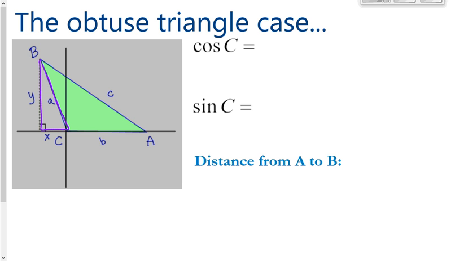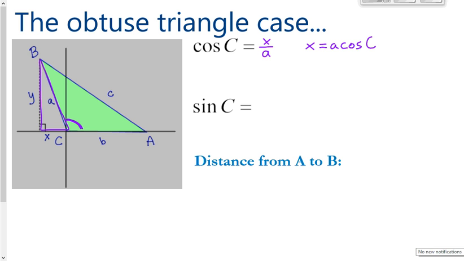Even though angle C is this angle here, the right triangle is the reference triangle. Using the reference triangle, we have adjacent over hypotenuse. That would be x over a. So if we solve for x, we have x equals a cosine C. That should look familiar because we did that in part 1 with the acute triangle.